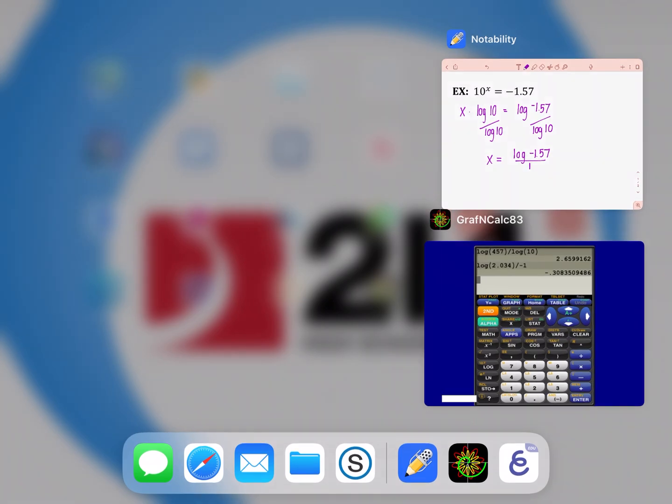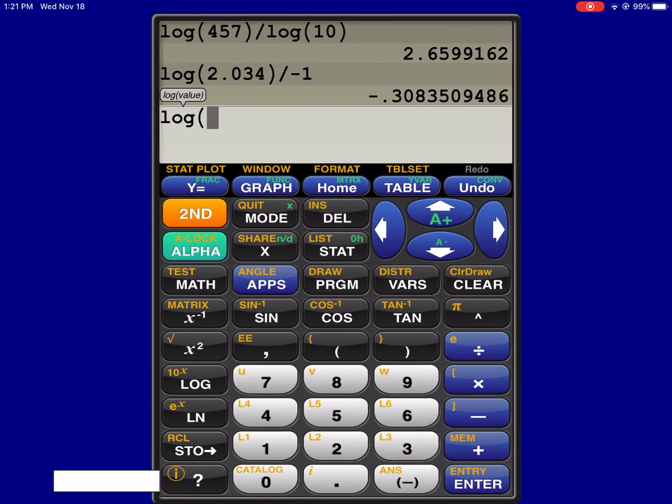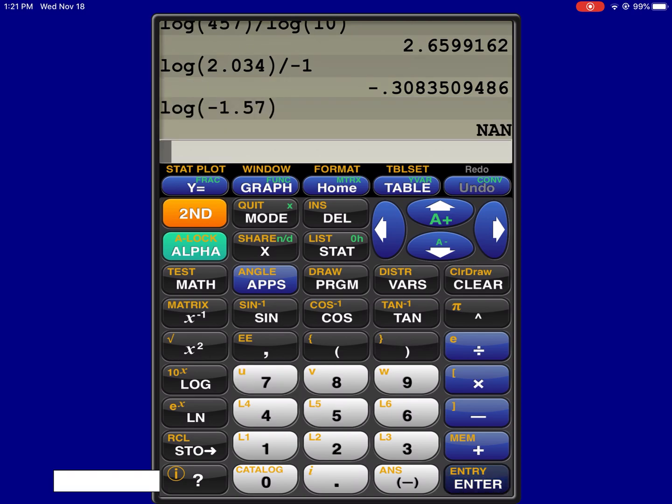So I'm heading back. You have the log. It is of negative 1.57. Close the parenthesis. Mine just says none. You probably will get no solution, out of domain, error. All of this will happen because of the fact that the argument's negative. And you're like, oh, right.